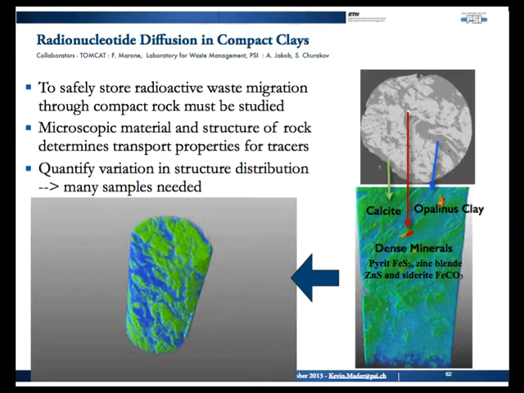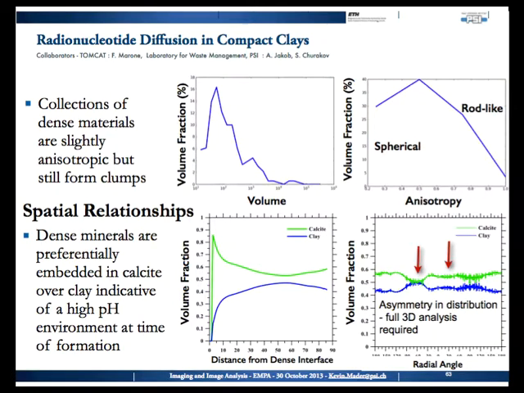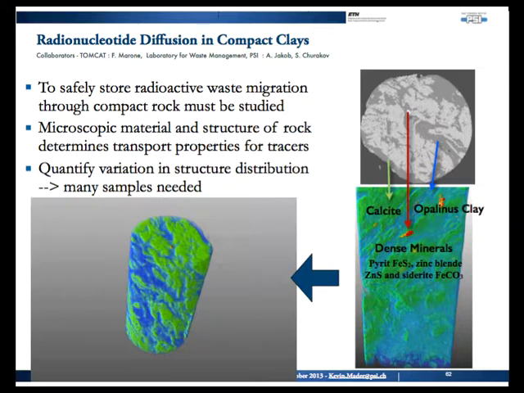And so by looking at these maps and looking at variations or fluctuations inside of them, you can start to understand these more complicated structures that would be really difficult to meaningfully analyze using a standard segmentation. Because if you can segment all of the calcite and all of the clay and all of the dense materials, it won't tell you anything about how they're positioned compared to one another or how you can extract meaningful values that way.